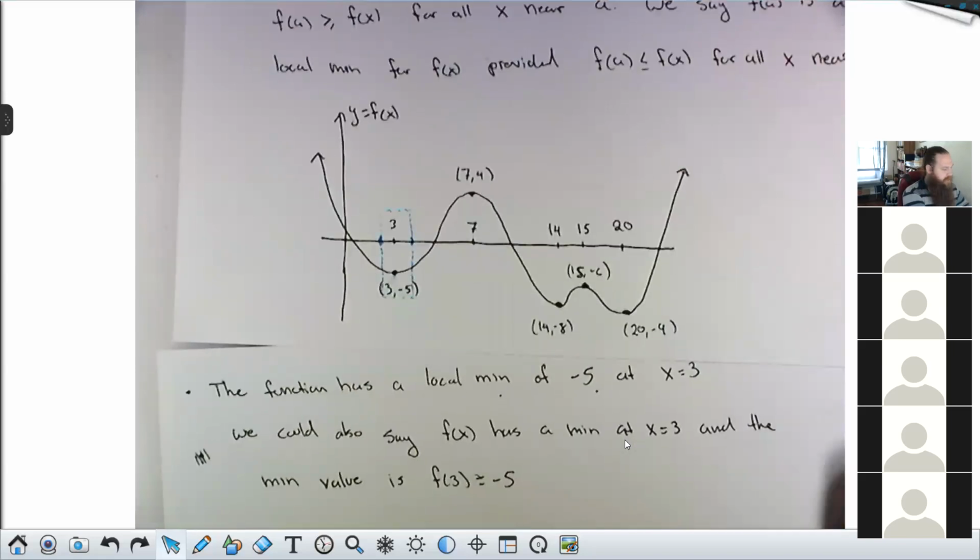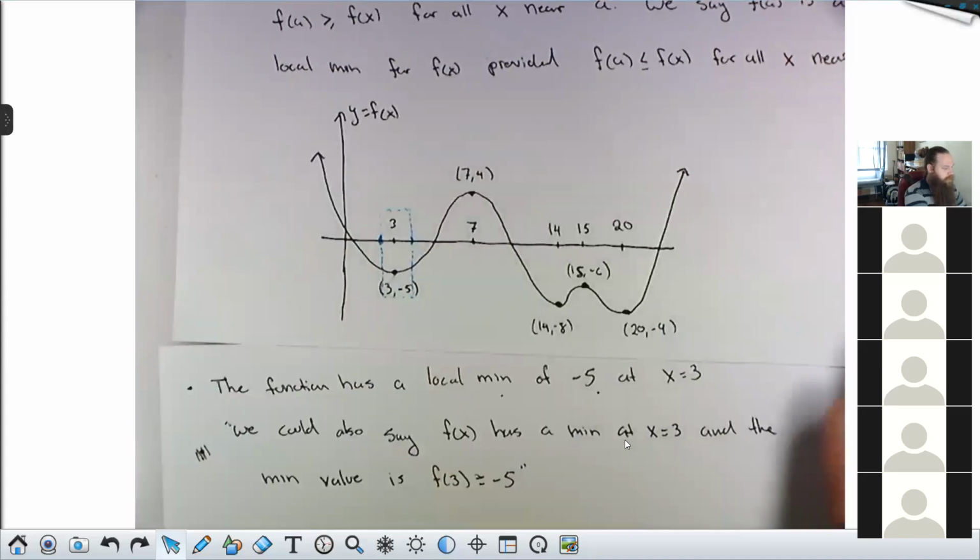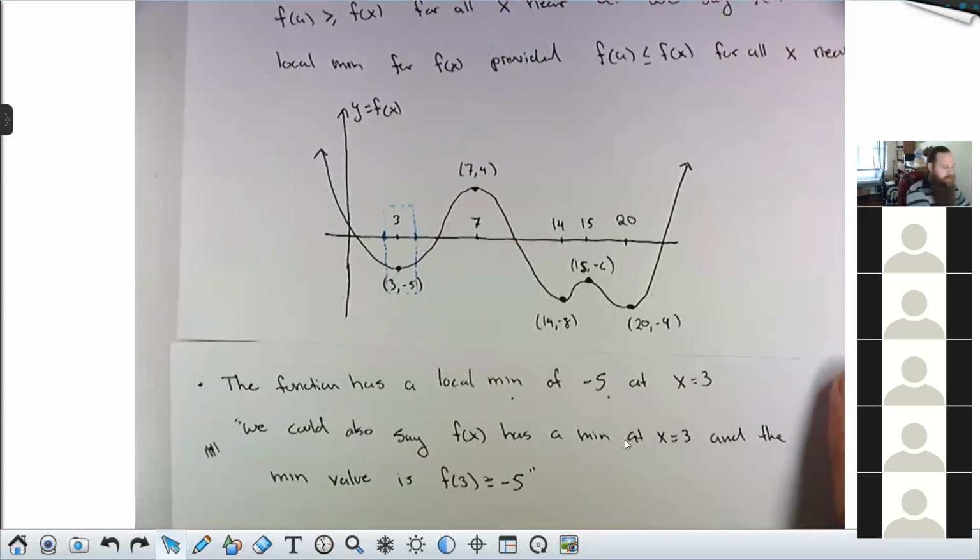It's this second way of saying things that I actually prefer, but the first way is the way the book introduces the language. I think the second way is more clear.